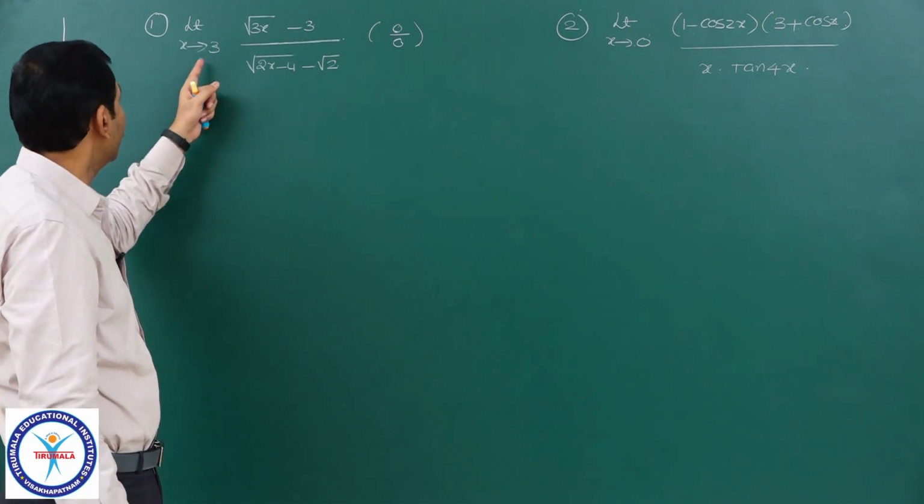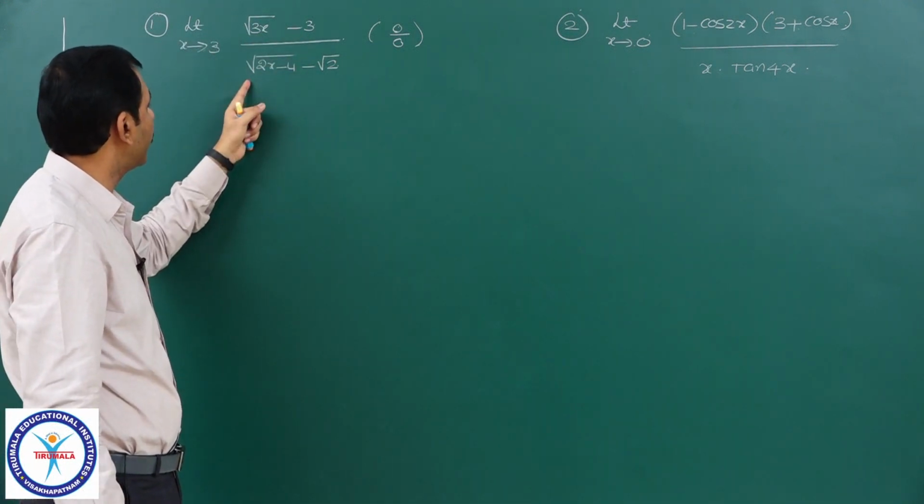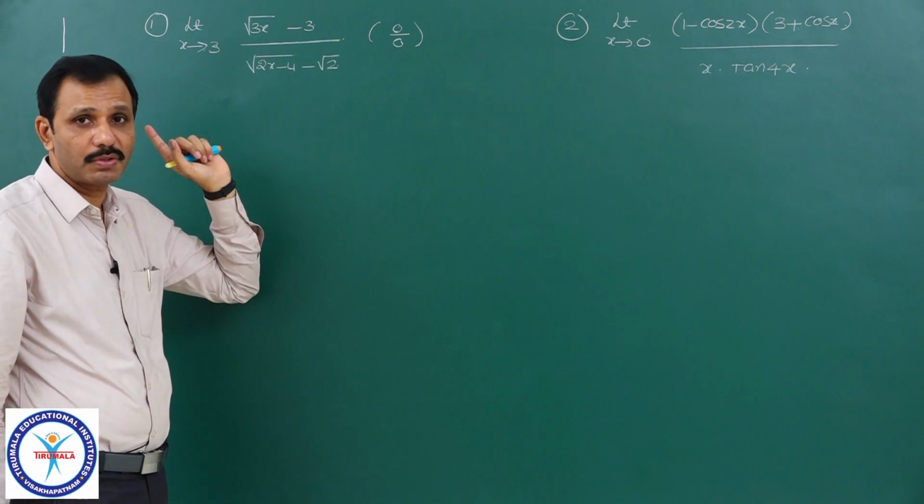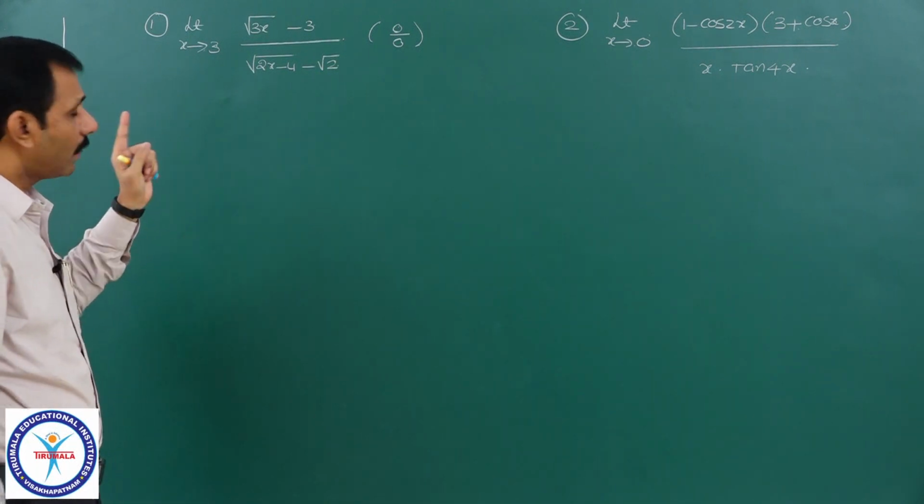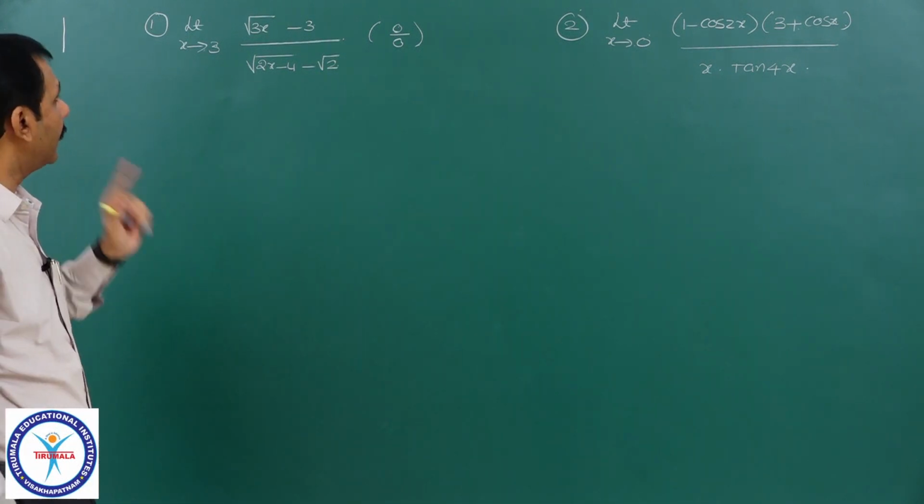Okay, here you see root 3x minus 3 by root 2x minus 4 minus root 2. Now rationalize the numerator and denominator.